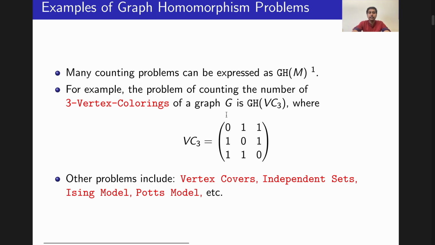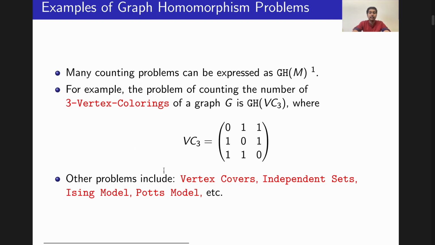In other words, the product will be equal to 1 if and only if our assignment sigma is a 3-vertex coloring. Now, since the sum is over all sigmas, the problem GH of VC3 is exactly counting 3-vertex colorings.